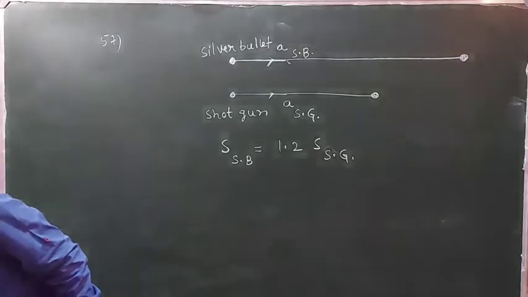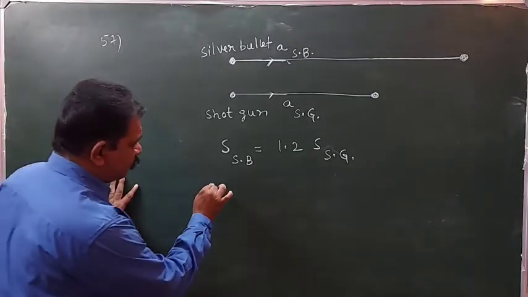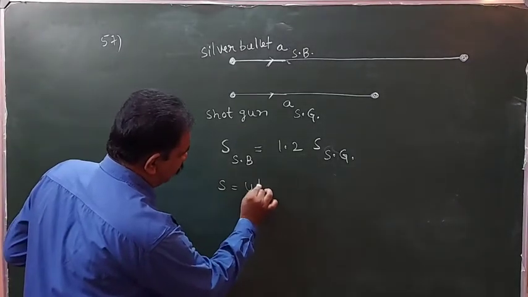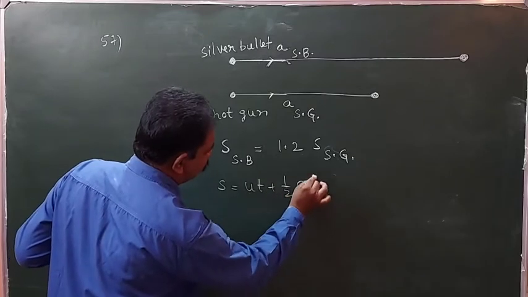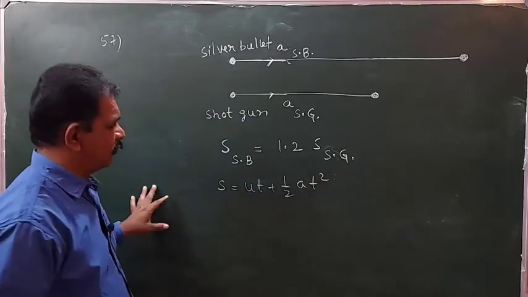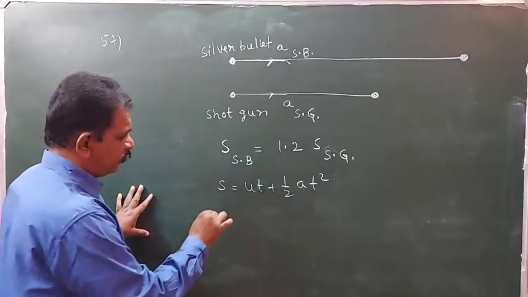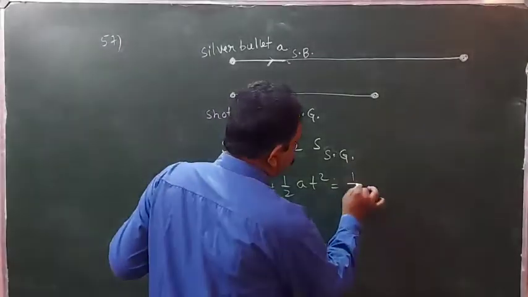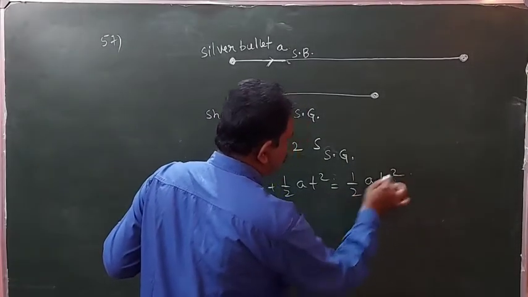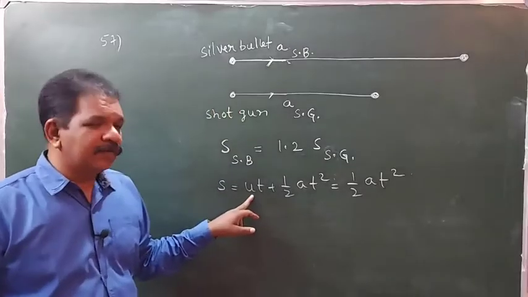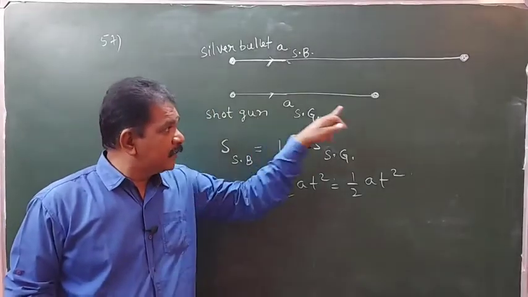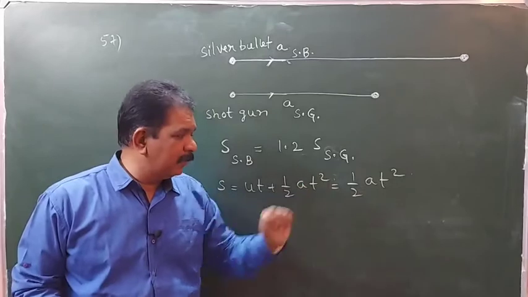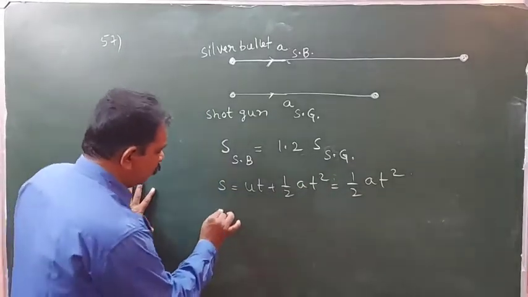Then S is equal to ut plus half at square. u is 0, so this is equal to half at square, because both started from rest. In the same time, which means time is also constant.